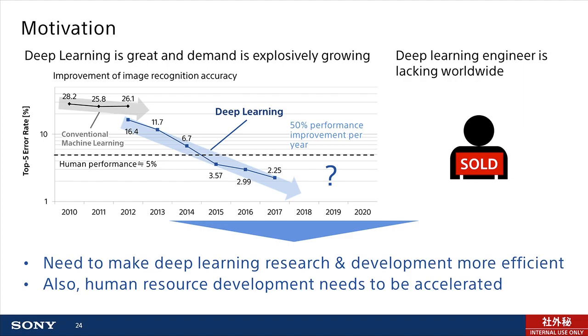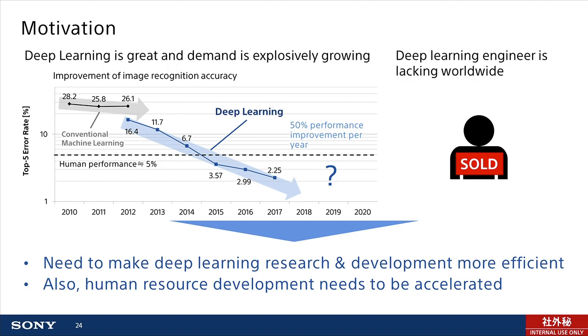So this is the motivation background of our deep learning software. As you know, deep learning is a great technology. It beats human performance in recognition, and it's a very general purpose technology, so we can apply deep learning to various kinds of applications.